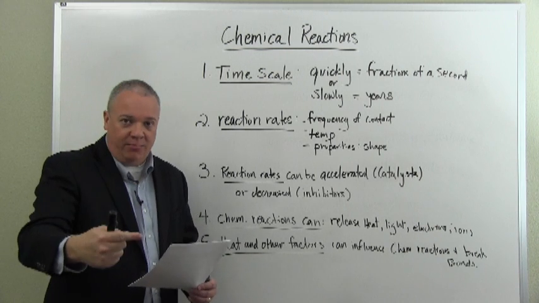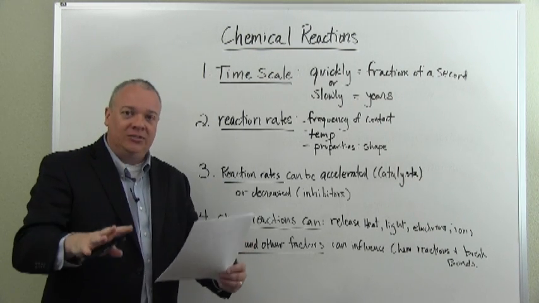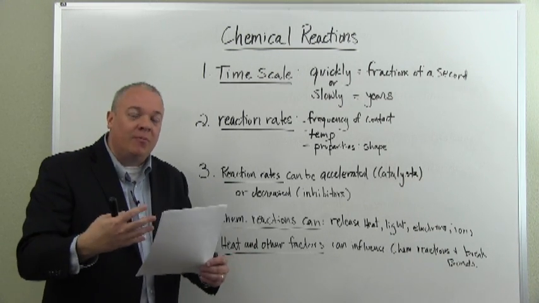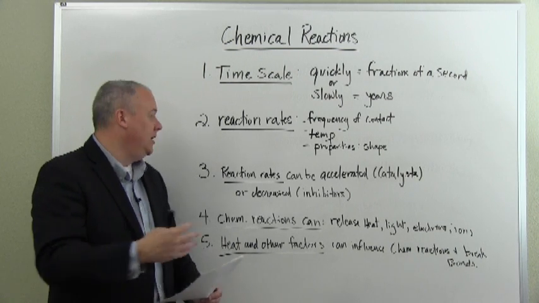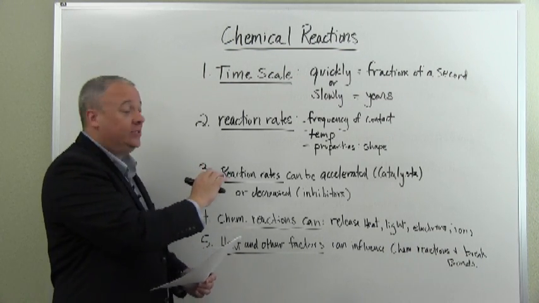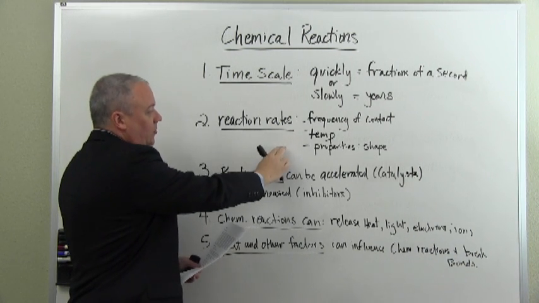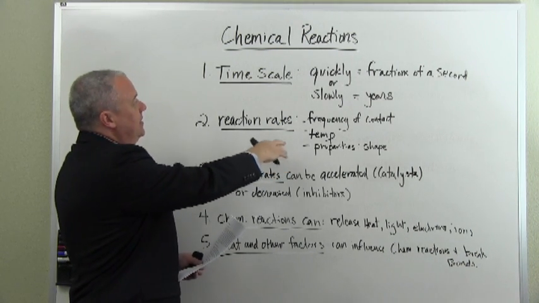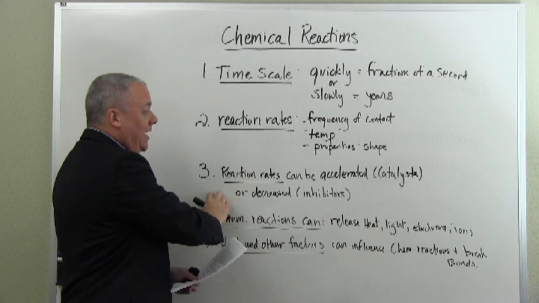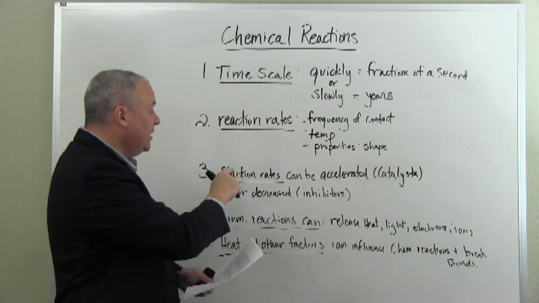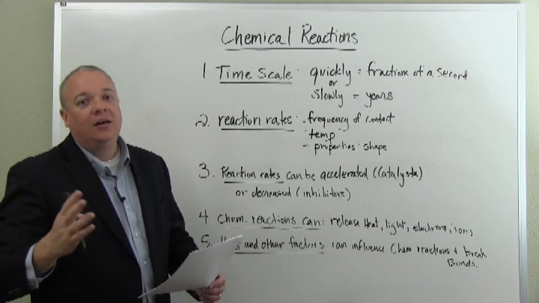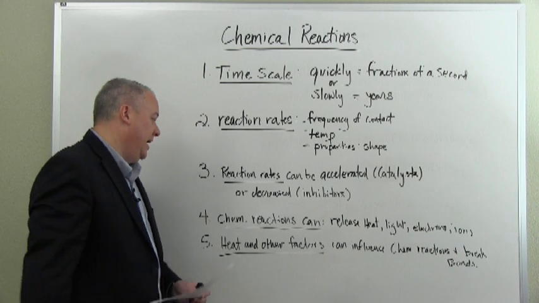If you introduce an inhibitor into a chemical reaction, it slows it down. It keeps them from reacting as quickly. So you can affect reaction rates not only naturally and through ways that you're able to control temperature and what form it's in, but you can also introduce other chemicals, catalysts to accelerate and inhibitors to decelerate the reaction times of the chemical reaction.